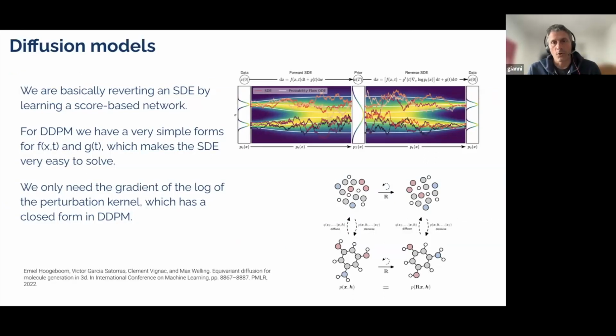So, of course, most recently there are other generative models that came out. One of the most promising is diffusion models. The advantage here is that instead of going through voxels, of course, the world has evolved in just 3 years, and now everything is atom based, so point based.